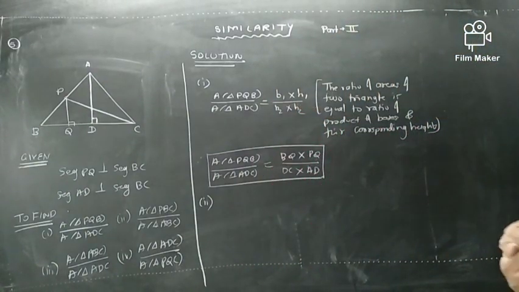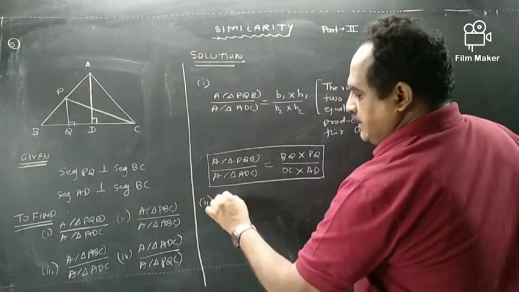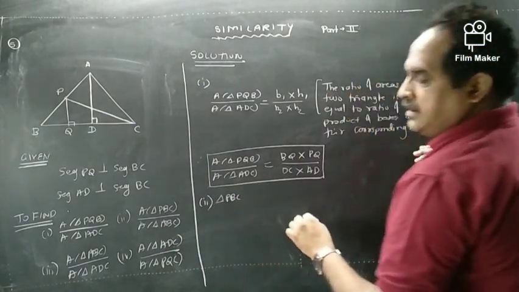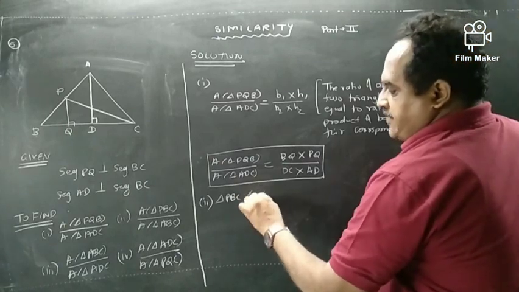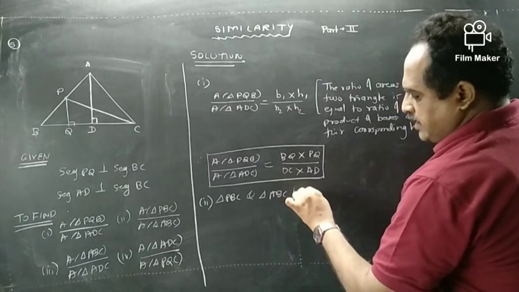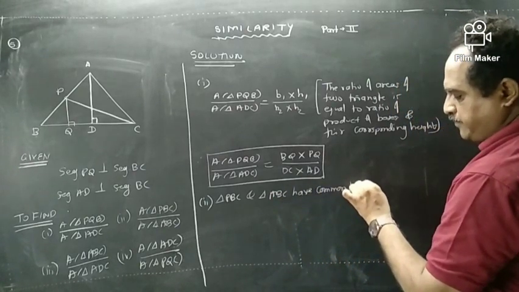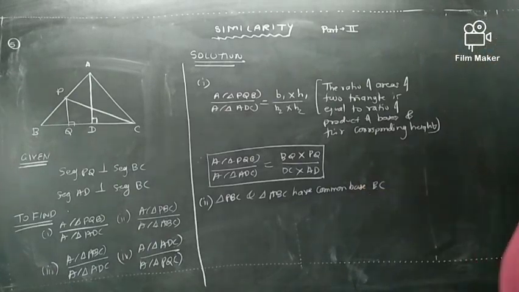That we should see in the question. Now we can write: triangle PBC and triangle ABC have common base BC.